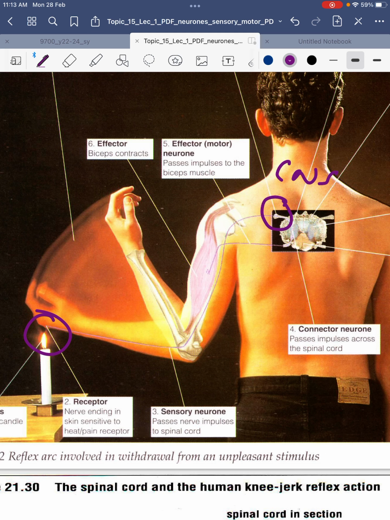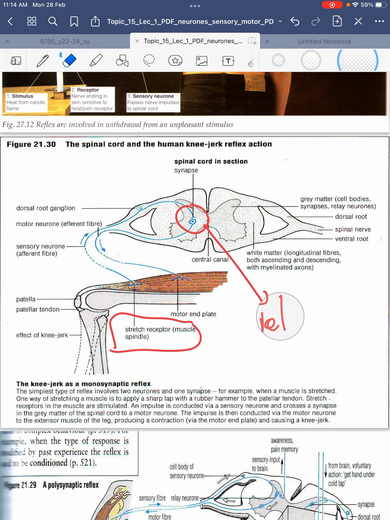This is taken from a different textbook. This one here says receptor, stretch receptor. The problem with this is that it doesn't show you the relay neuron. It's supposed to show you the relay neuron. Here there has to be a relay neuron, just like this one here.